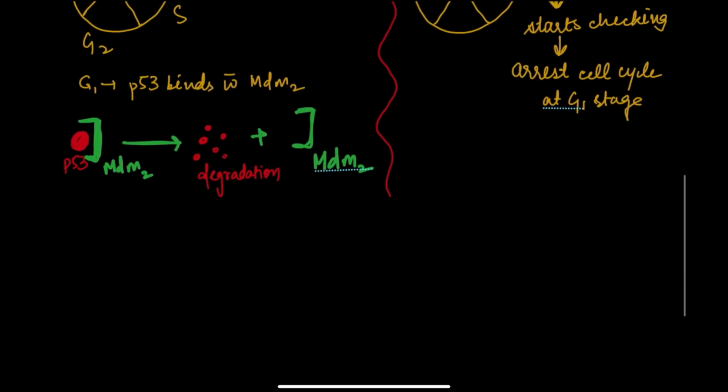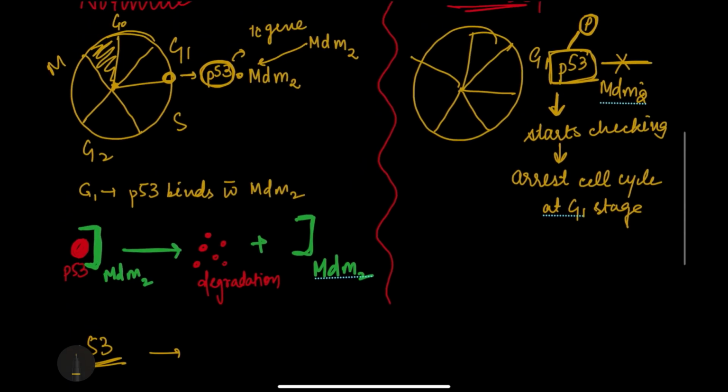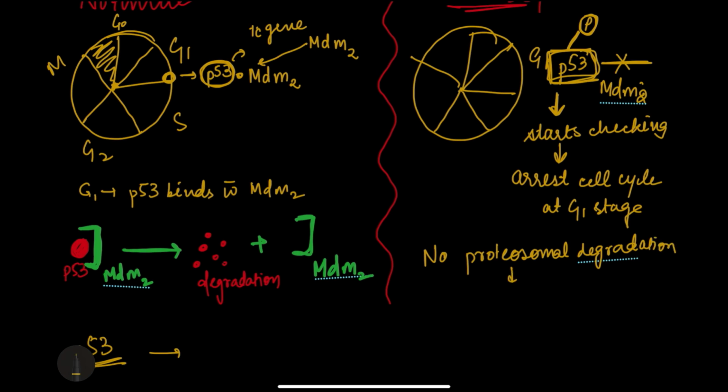So now let's understand the major role of p53. This is p53. As you see here, its level increased. How did it increase? Because no proteasomal degradation occurred, right? No complex formation leads to no proteasomal degradation, and this leads to the increased level of p53.